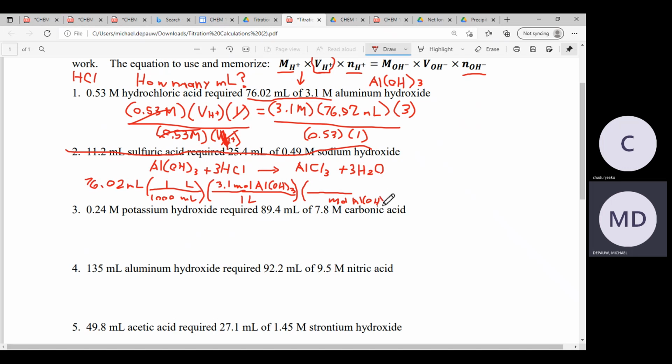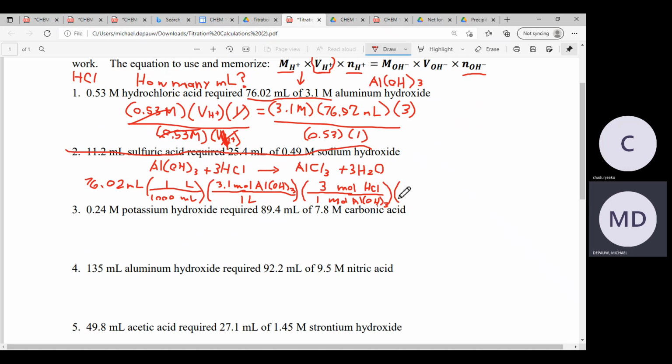But it is valuable to know this because you will occasionally run into situations where you do have to use this method, if it's not a titration. So moles of Al(OH)3 to moles of HCl, according to the balanced equation, it's a 3-to-1 ratio, so 3 moles of HCl to 1 mole of this.